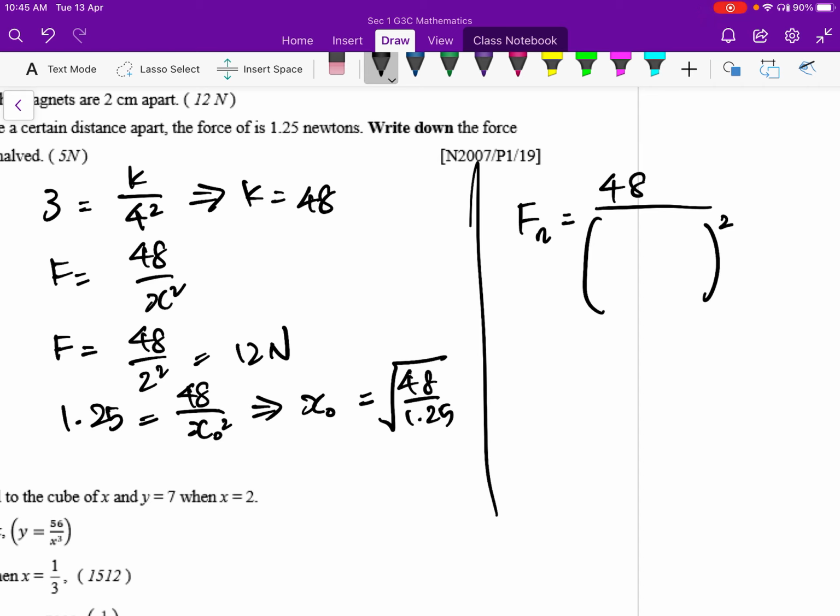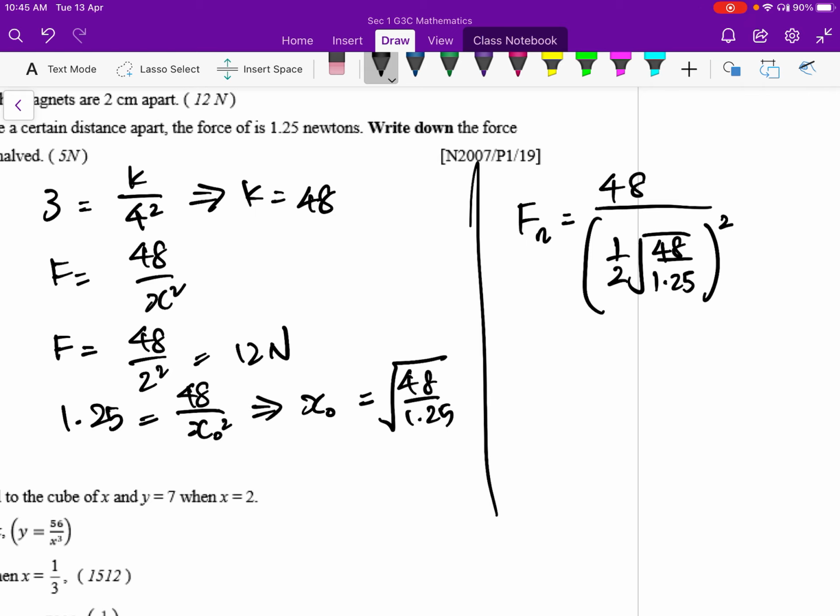This is our formula. Right? Our formula is F equals to 48 over the square of the distance. Now the new distance is actually half of the xo distance. So half of the xo distance.